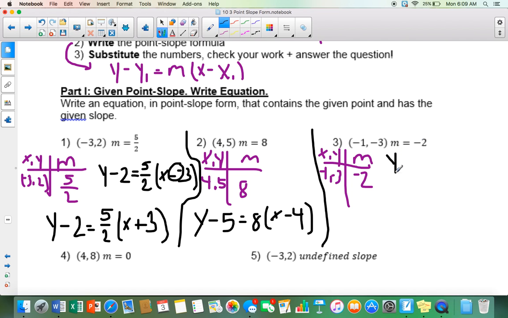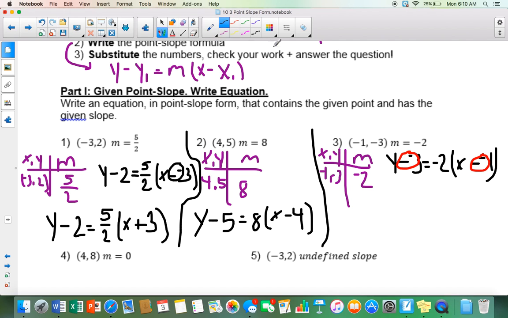So I've got y minus, now my y1 is a -3. So I'm just going to write it like this for right now, and I'm going to come back, equals m times x minus x1. Now there should be some bells and whistles going off because if we see we've got minus a negative and minus a negative, which just kind of looks funky.